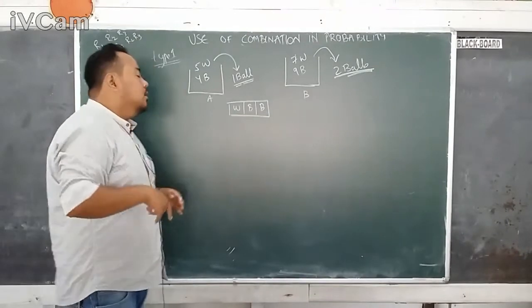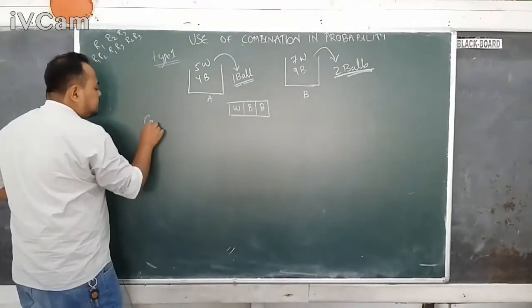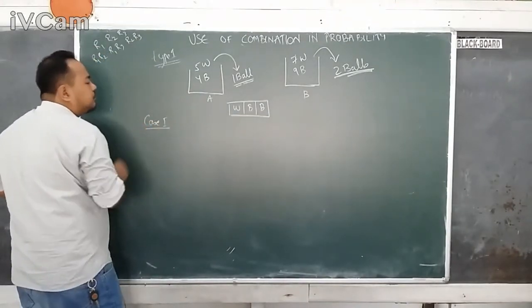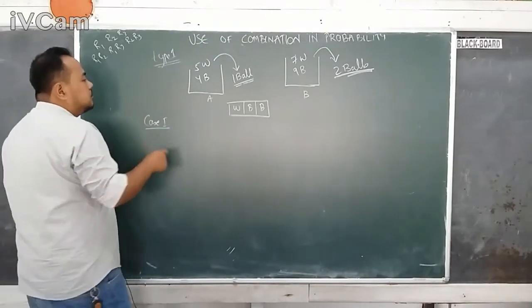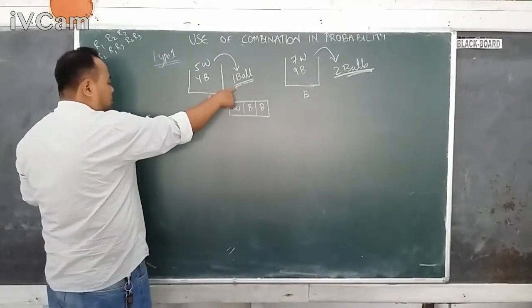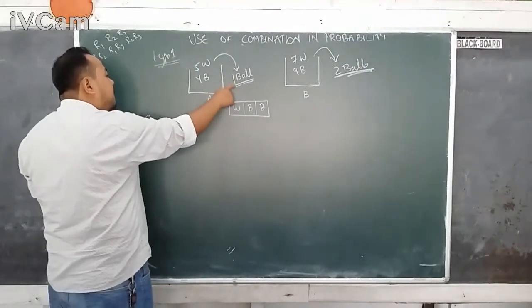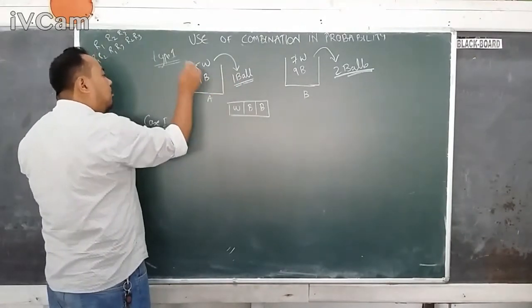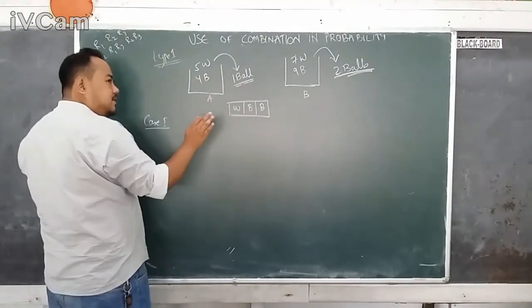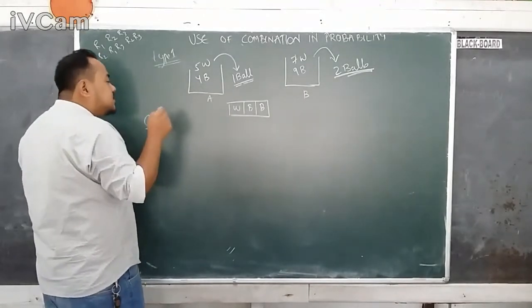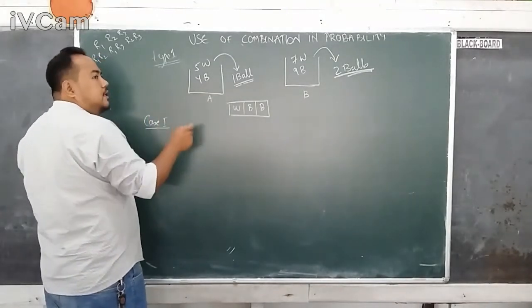Is that clear? So case 1. Look at this. As I have already told you, you are drawing one ball from bag A. So obviously the ball is going to be white or black, isn't it? So let us take that the ball drawn is white.